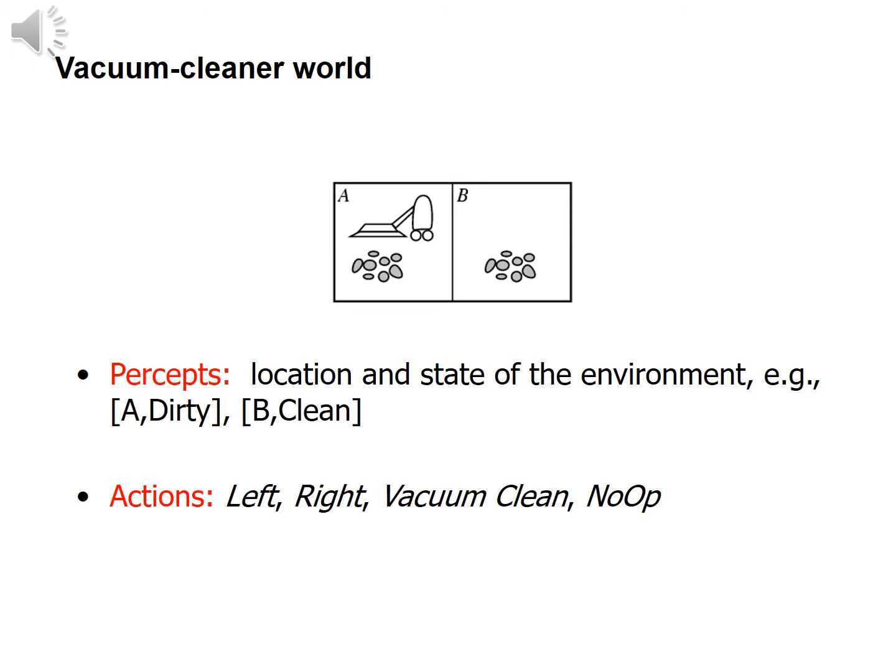It can move left, it can move right, it can vacuum clean, so it can clean the dirt that is present in the room it is in, and it can do no operation. How can we make this robot clean all the rooms?